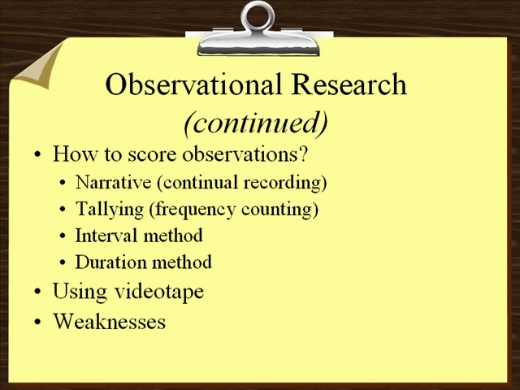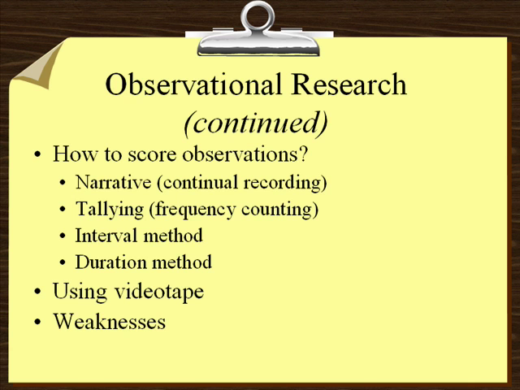The interval method is like the frequency method, except in this one the researcher wants to know whether certain behaviors happen in a certain interval of time. So what the observer does is make a decision that they're going to observe, let's say, a teacher teaching for a half-an-hour period, and every 10 seconds they look up and see what behavior that teacher is doing at that point in time, and they record that.